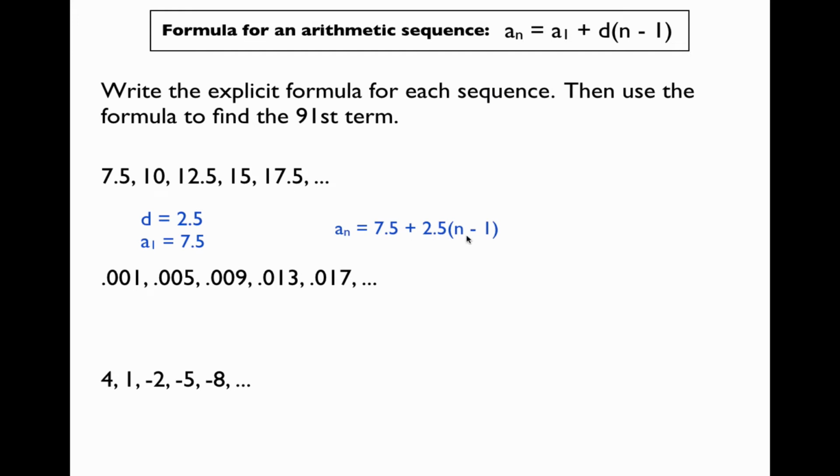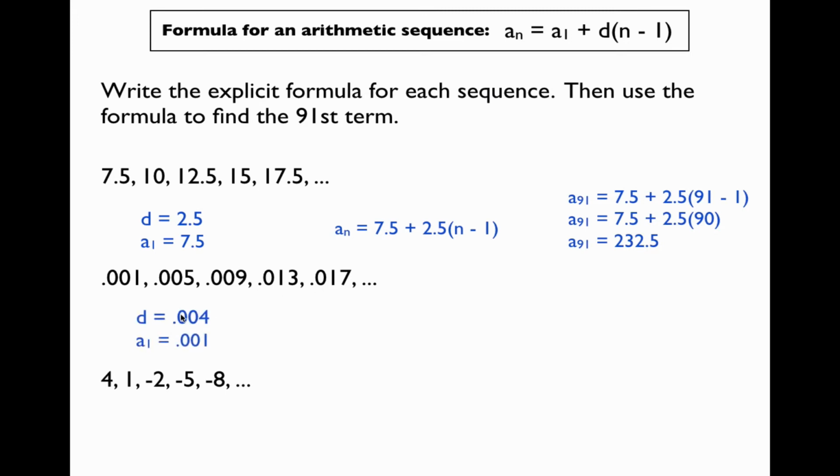So if we wanted to find the 91st term, the value of n would be 91, because n is the term number. So we plug in that n, simplify, and now we can describe a sub n, or the 91st term, is equal to 232.5.